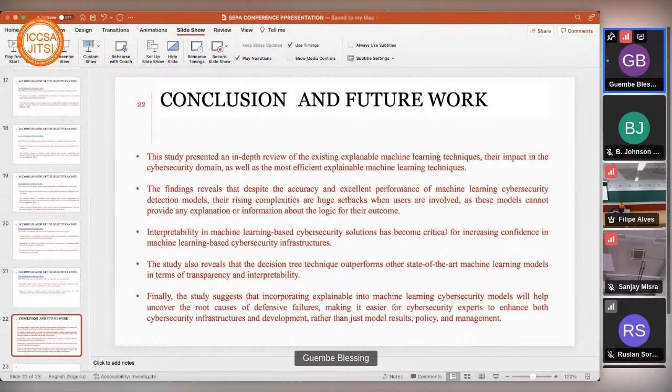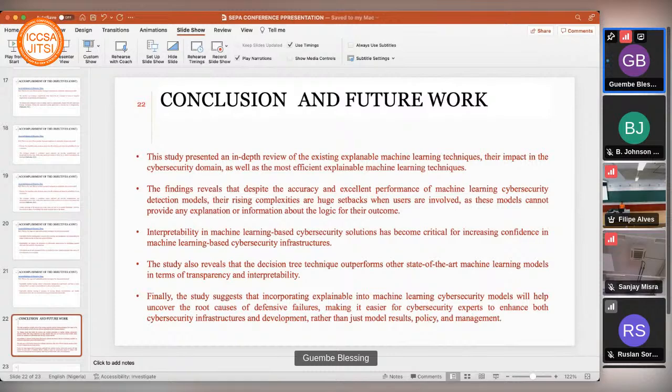Interpretability in machine learning based cybersecurity models has become critical for increasing confidence in machine learning based cybersecurity infrastructure. This study also reveals that the decision tree technique outperforms other state-of-the-art machine learning models in terms of transparency and interpretability. In other words, decision tree techniques provide trustworthiness in explaining decision rules as well as providing decision logic or interpretability to the outcome of the model.